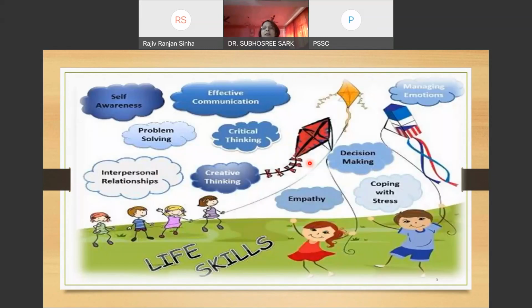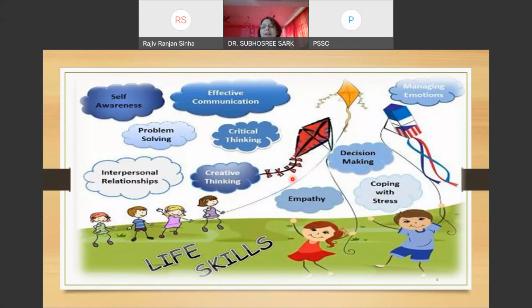Yes. So these are the life skills which are being taught to the students, and as classified by the World Health Organization, what are these? Self-awareness, problem solving, interpersonal relationships, effective communication, critical thinking, creative thinking, empathy, decision making, coping with stress, and managing emotions.